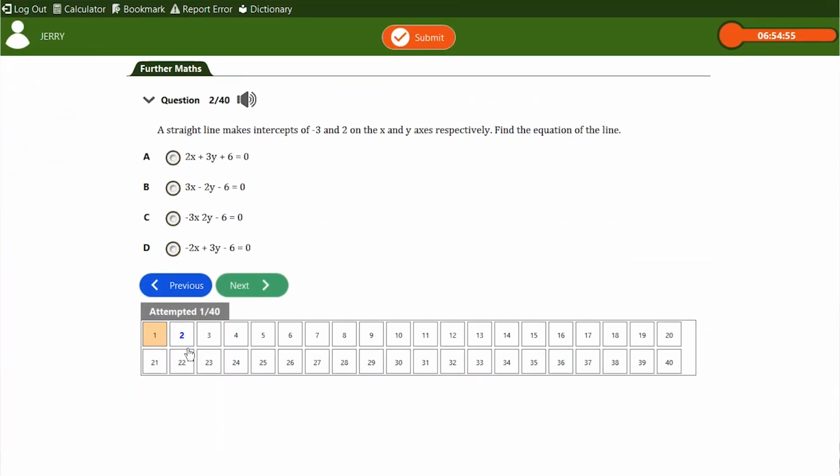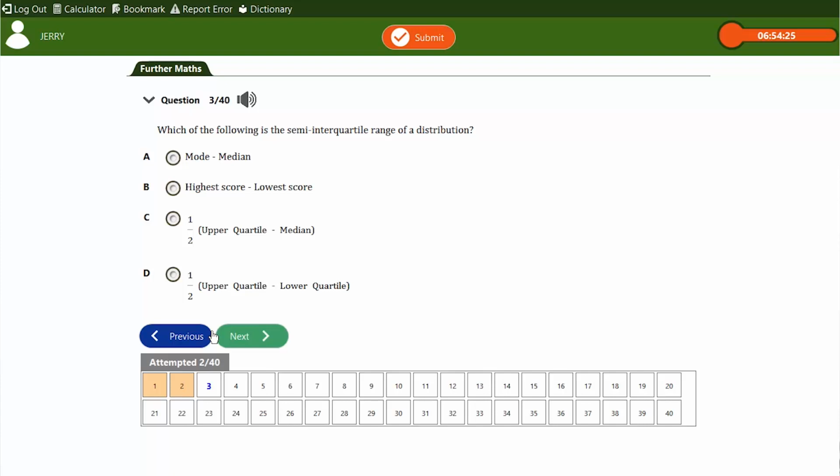Do we have something of this nature? We are having 2x, okay, −2x + 3y − 6. The arrangement is not the same, but all the values we have here are the same. So I'm saying −2x + 3y − 6 equals 0. Option D.